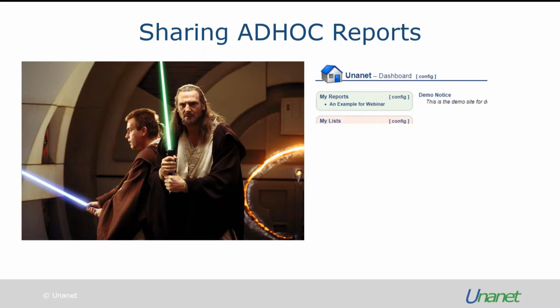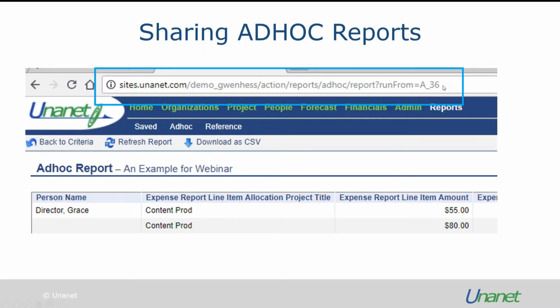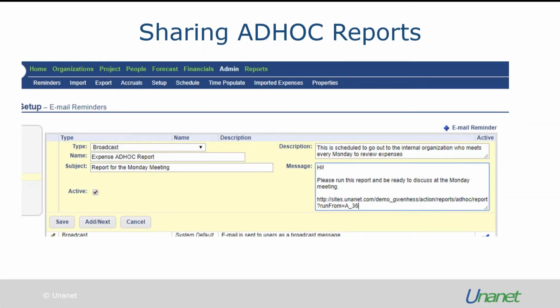So if I have this saved board of this URL, there's a letter and a number. It's A_, this number happens to be 36 on this one, but this is an ad hoc report. But once I have this number in here, then a systems admin could create a broadcast, that email message.